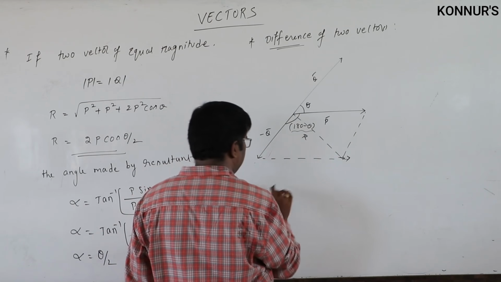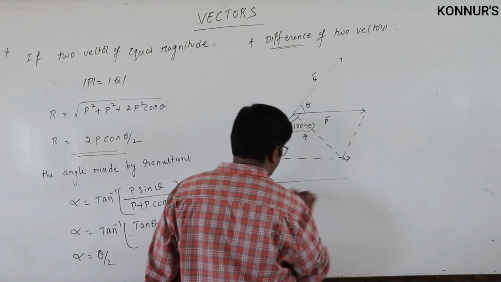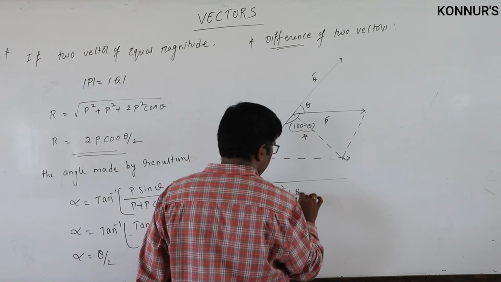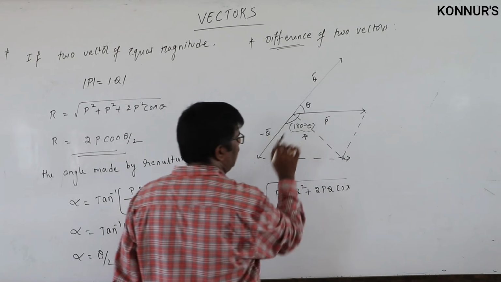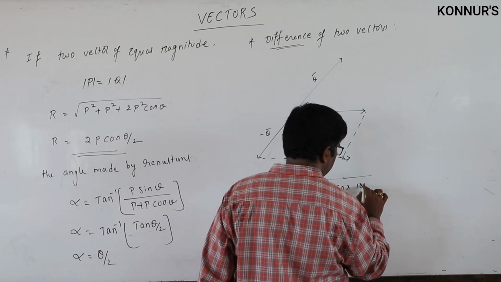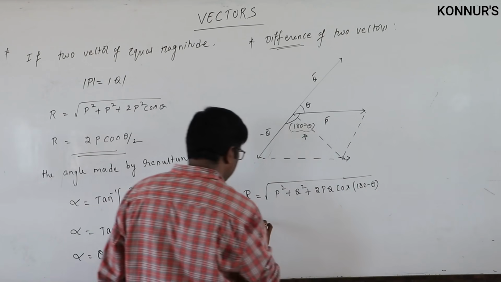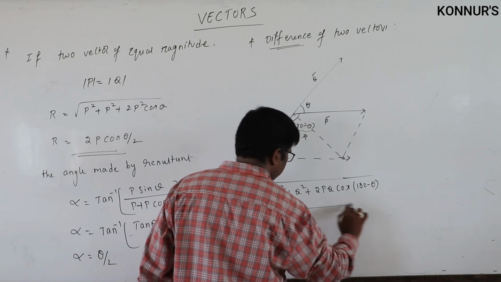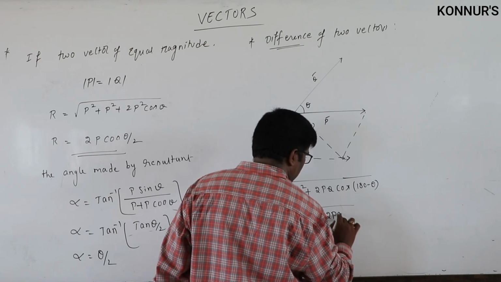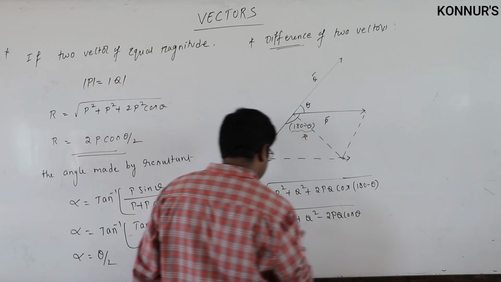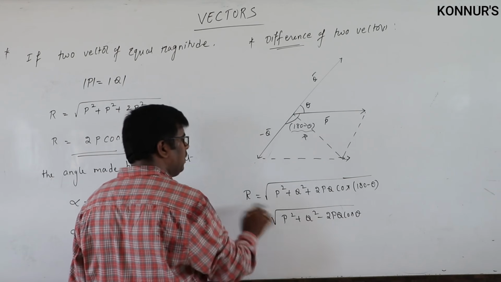So the resultant is root over p square plus q square plus 2pq cos of 180 minus theta. Then r equals root of p square plus q square minus 2pq cos theta. This is the magnitude of the difference of the vectors.